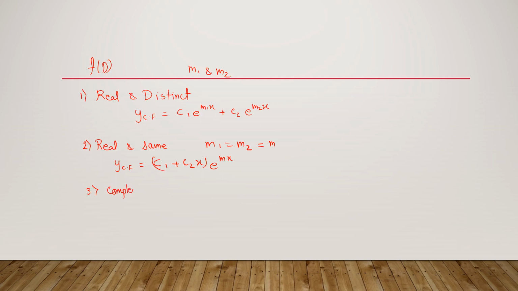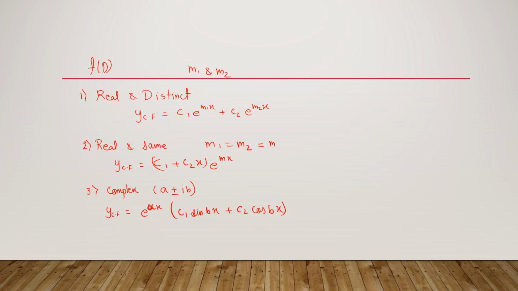If the roots are complex, that is in the form a ± ib, then the complementary function or the solution of the differential equation will be e^(ax) (c1 sin bx + c2 cos bx).